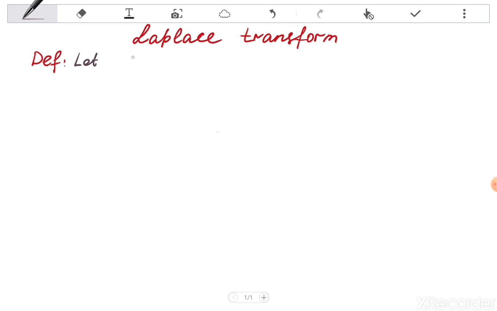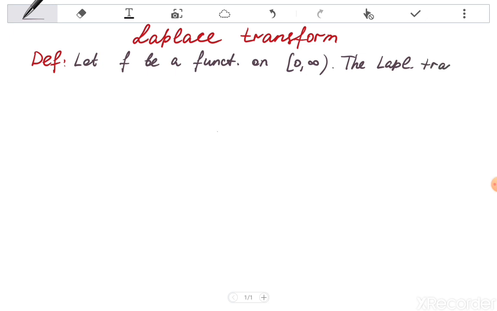Let f be a function on the semi-interval from 0 to infinity. The Laplace transform of f is a new function.